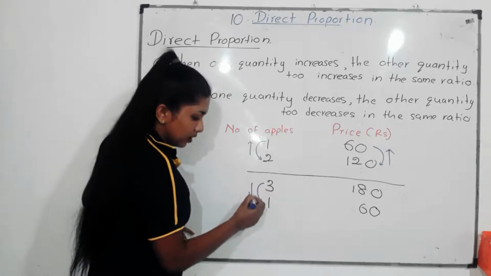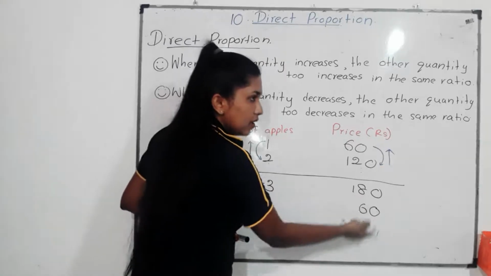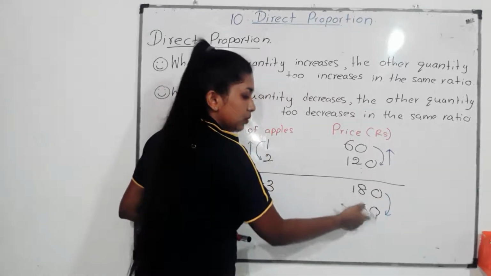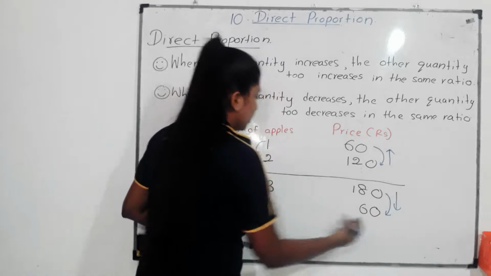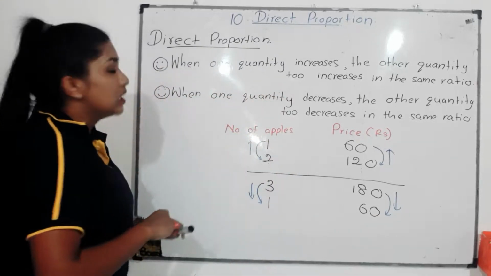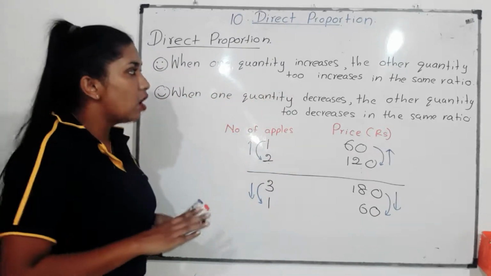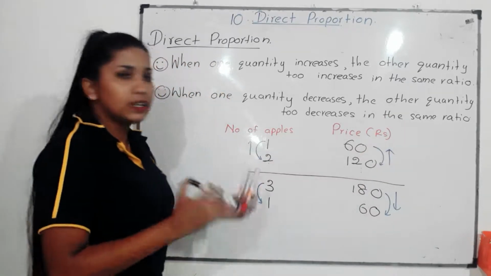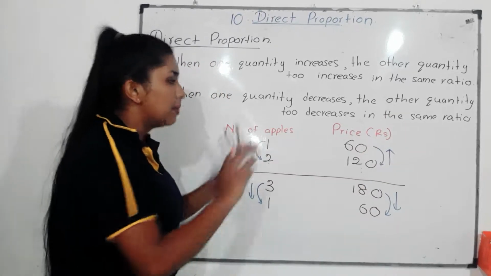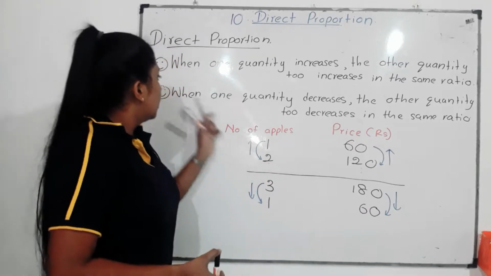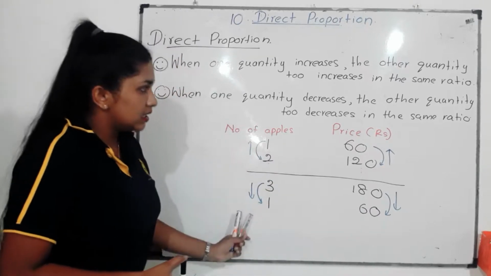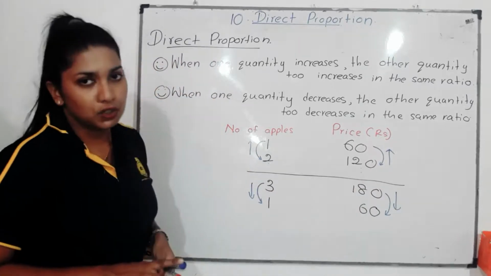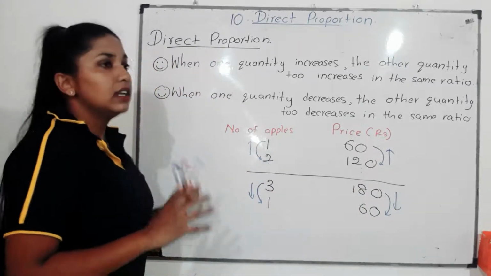Then this side also decreases from 180 to 60. Then direct proportion is when one quantity increases, the other quantity also increases in the same ratio. And when one quantity decreases, the other quantity also decreases in the same ratio. This is called direct proportion.